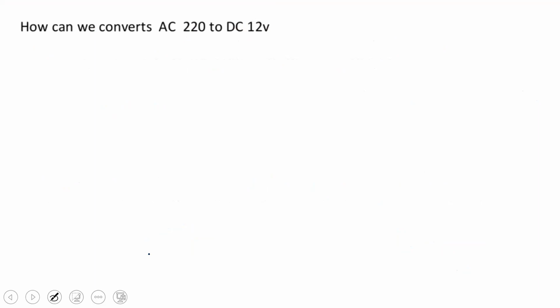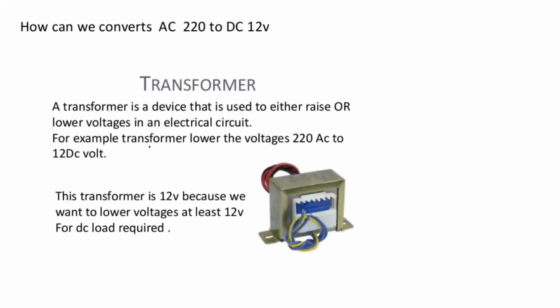So how can we convert a 220 volt alternating current to a DC 12 volt? By using the transformer, as I told you.